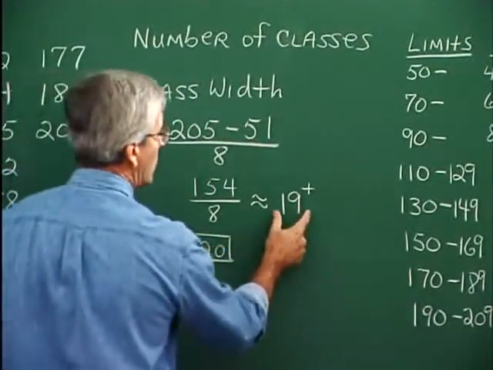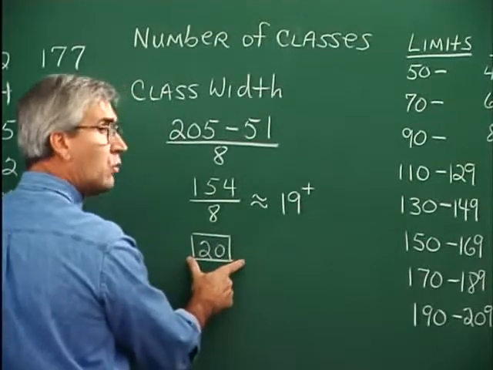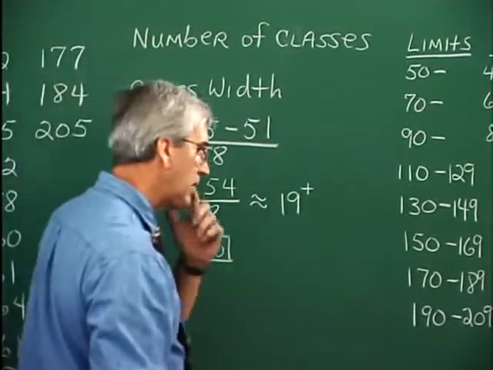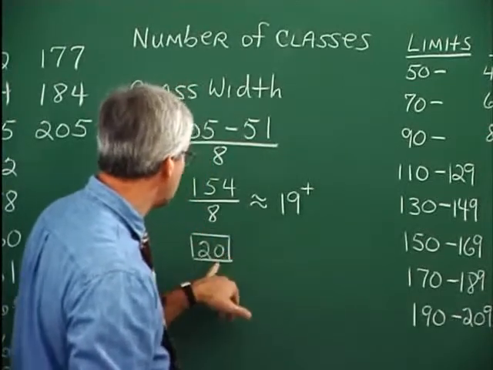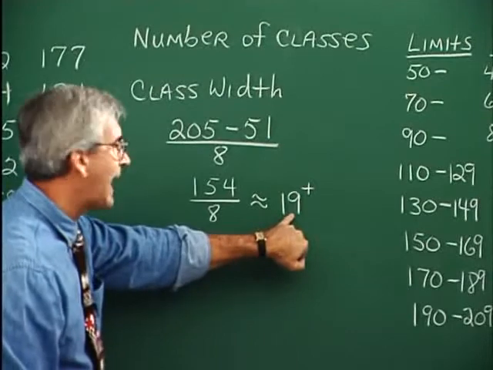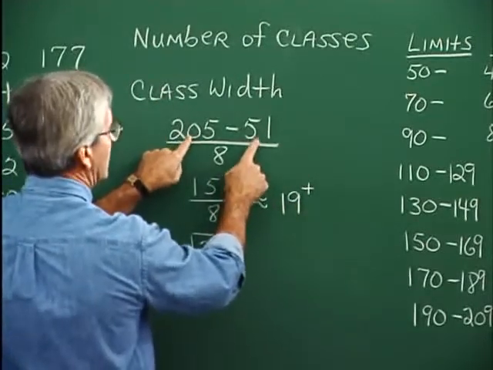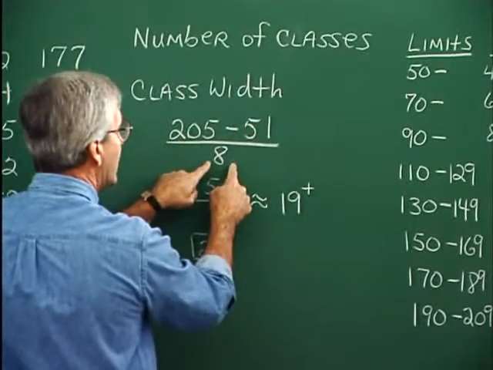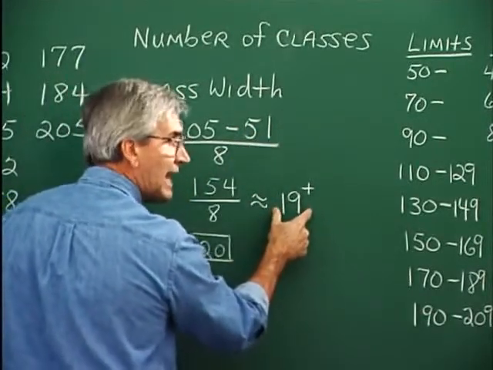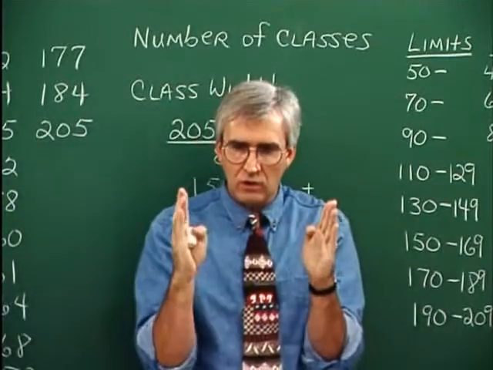Since we're just over 19, I've just bumped it up a little bit, and we'll make 20 the class width. Now you know that because this class width of 20 is slightly larger than the actual calculation of the difference between the smaller and larger divided by the intended number of classes, this would be an exact width that would contain all of the values from smallest to largest.